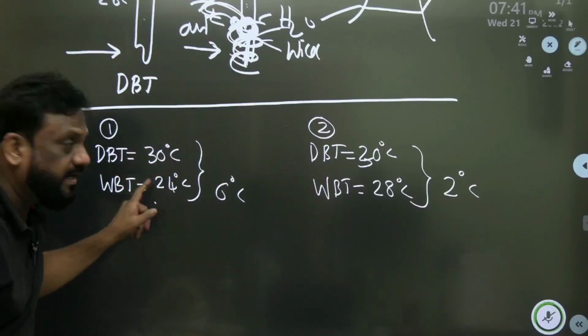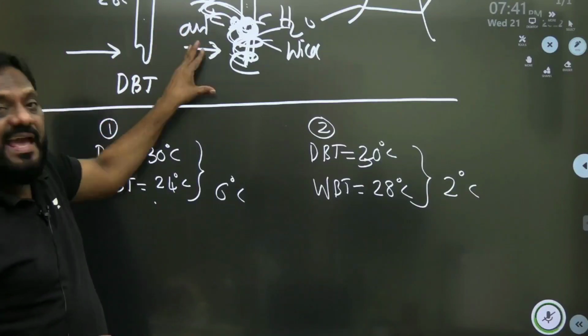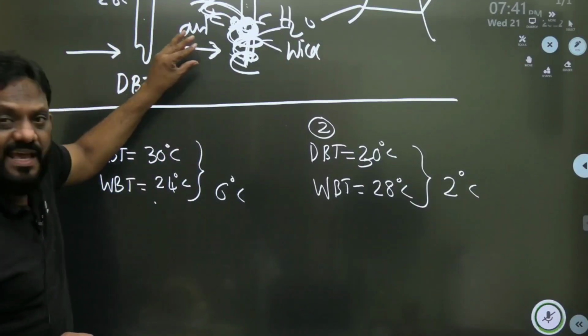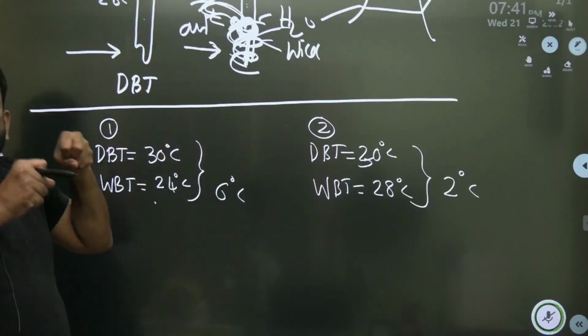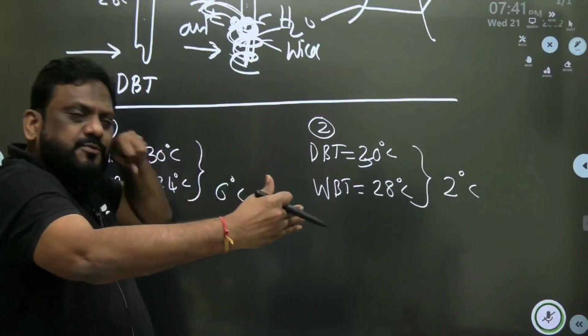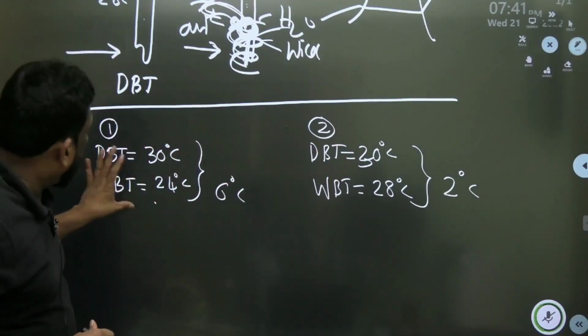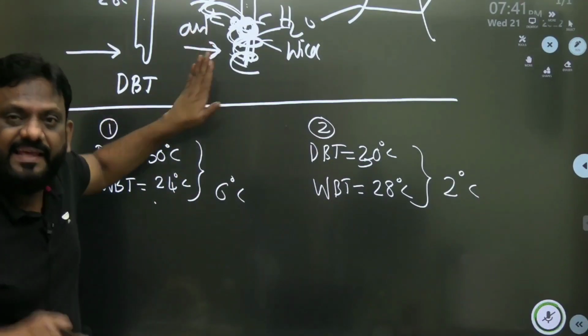So that's why you are finding a large difference, because the moisture in the air is less. When the moisture in air is less, it will absorb more, and when it absorbs more, there will be more drop. Why is it absorbing more moisture? Because water vapor in the air is less.